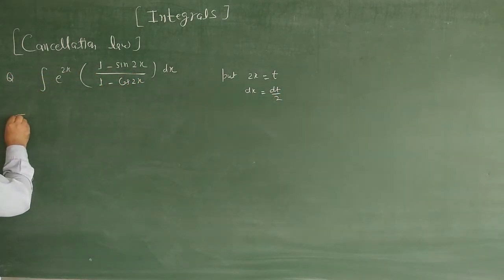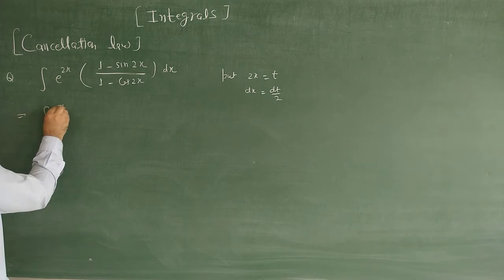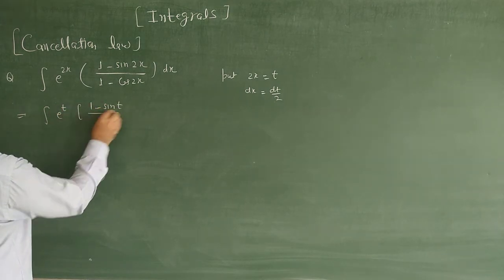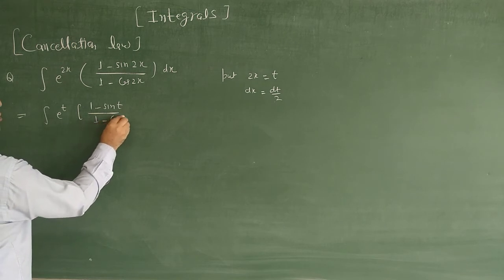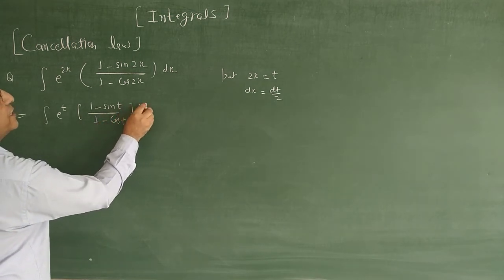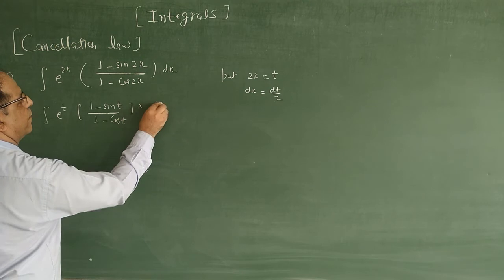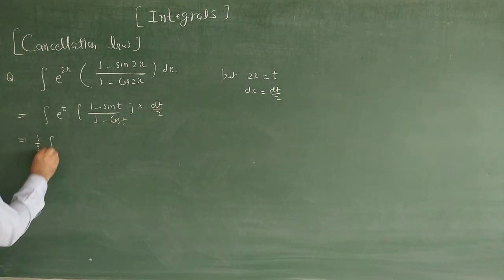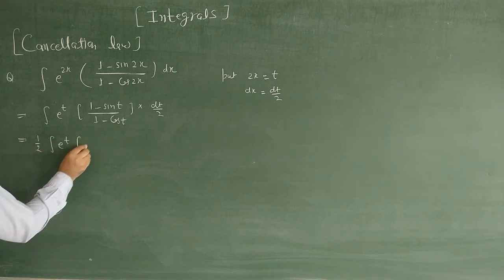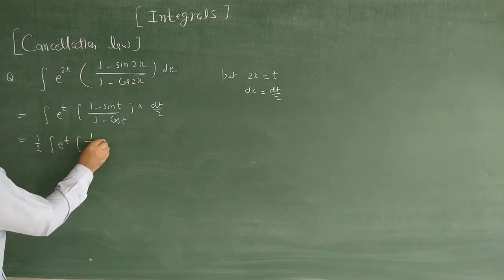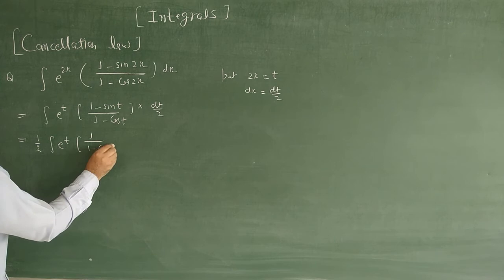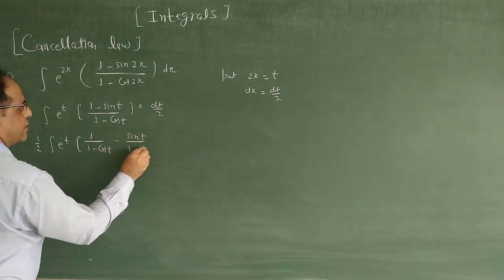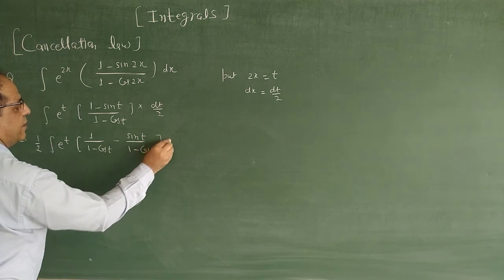So the question now becomes e to the power t, (1 minus sin t) upon (1 minus cos t), and dx becomes dt by 2. This can be written as 1 upon 2 outside, e to the power t times [1 upon (1 minus cos t) minus sin t upon (1 minus cos t)] dt.